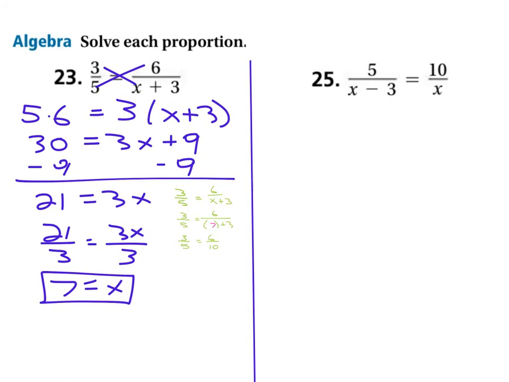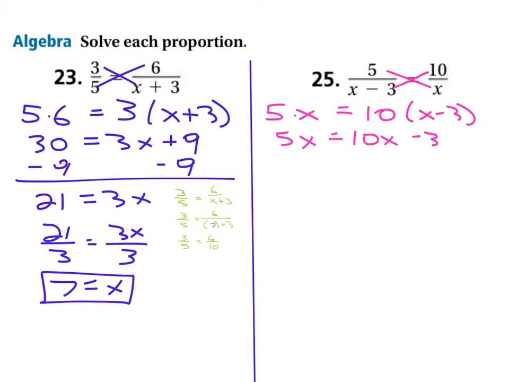Okay. Now, we're going to do the same thing. We're going to say 5 times x equals 10 times x minus 3, or 5x equals 10x minus 30.